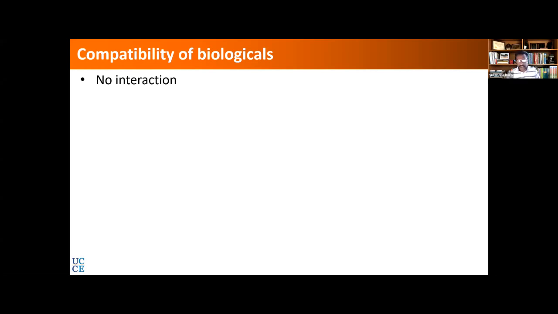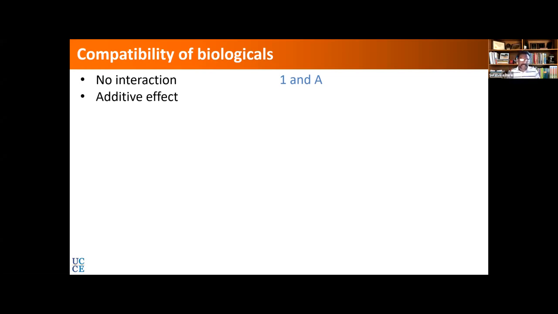You can be adding a biostimulant, or maybe use a biofungicide or bioinsecticide, but they have no interaction with other inputs, so chemicals or other materials, or even other biologicals. So product A and product 1 have no interaction. They are entirely different, so it is not an issue there. That means they are compatible.